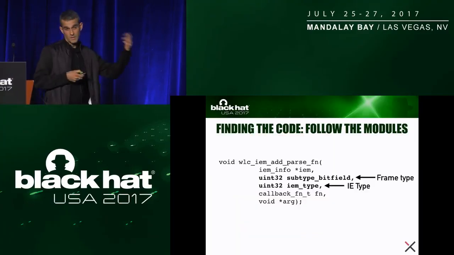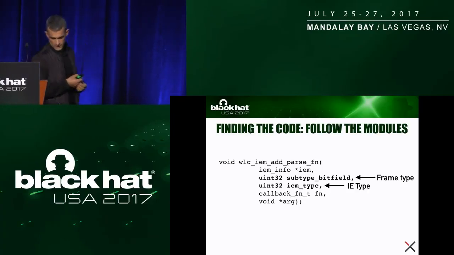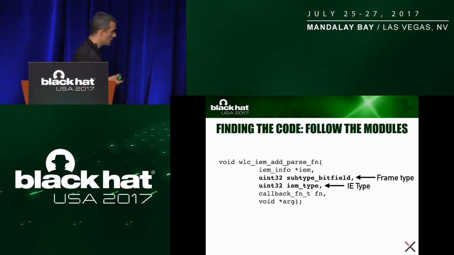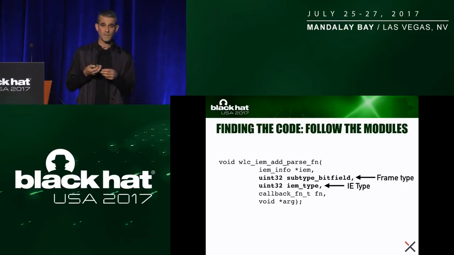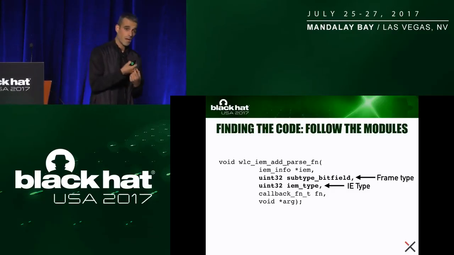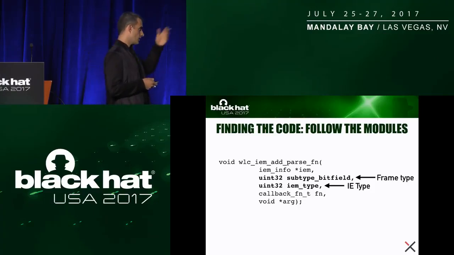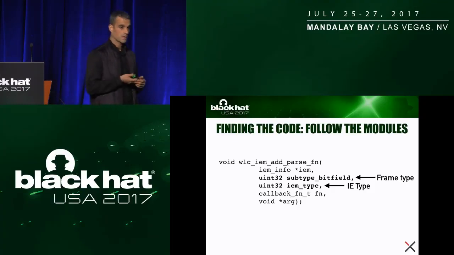And we found this function, which helped us a lot. It's called the IEM add parse function. And this basically registers a callback to handle IEs of a specific type. You can see there's a field IEM type, which denotes the IE that the callback is supposed to handle.